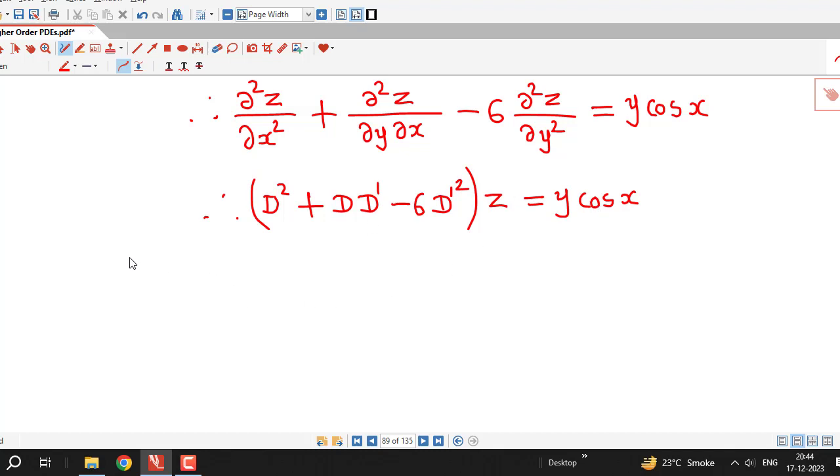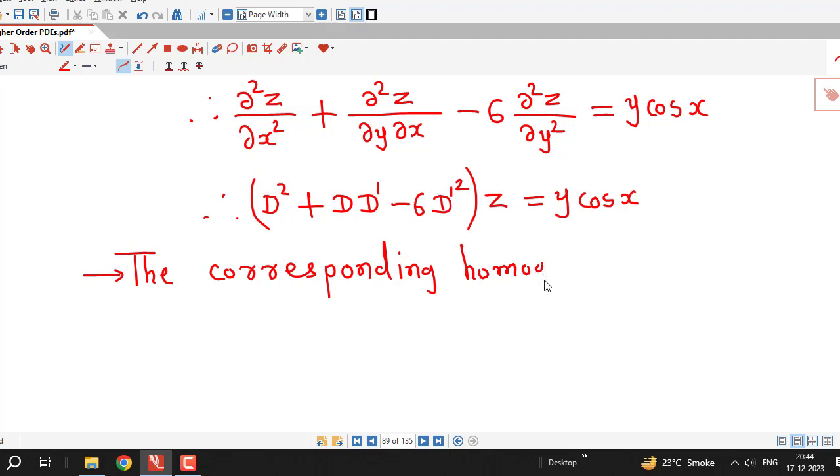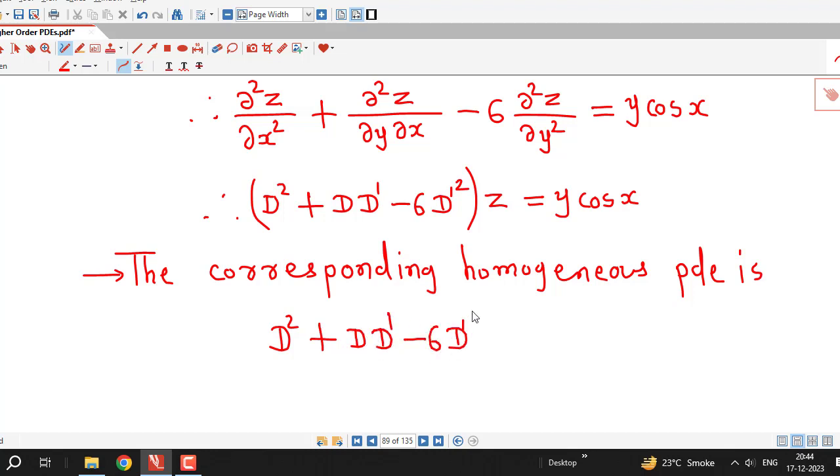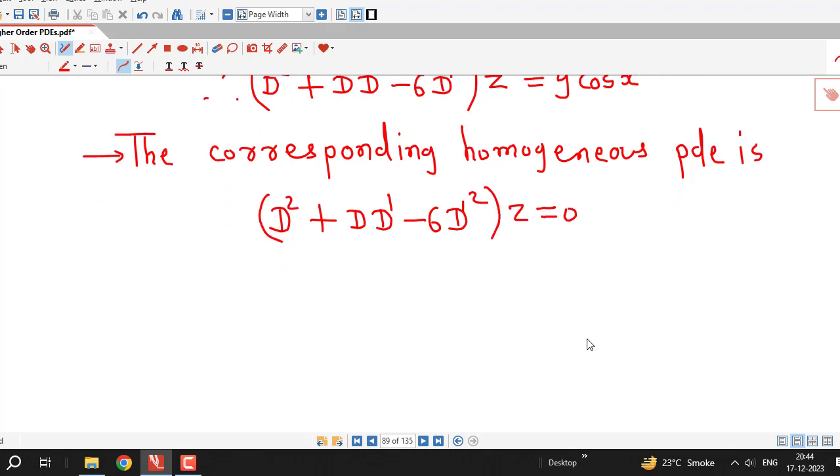Now to solve this non-homogeneous equation, the first step is to solve the corresponding homogeneous partial differential equation. The corresponding homogeneous partial differential equation is, we have to consider the right hand side equal to 0, D square plus D D dash minus 6 D dash square z equal to 0.